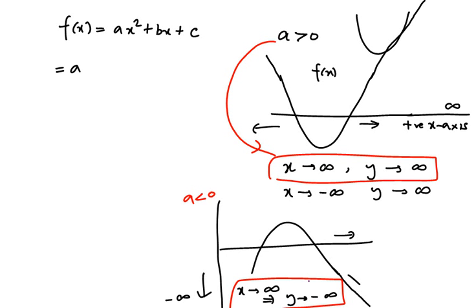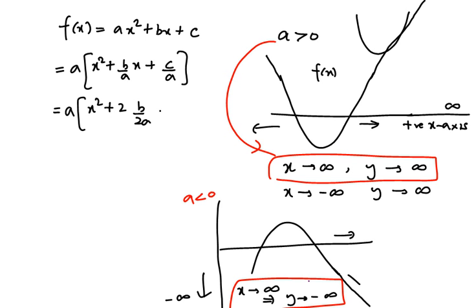I take a common. Inside I have x square plus b by a x plus c by a. Then I write this as 2 times b by 2a into x plus c by a, so I multiply by 2 and divide by 2.